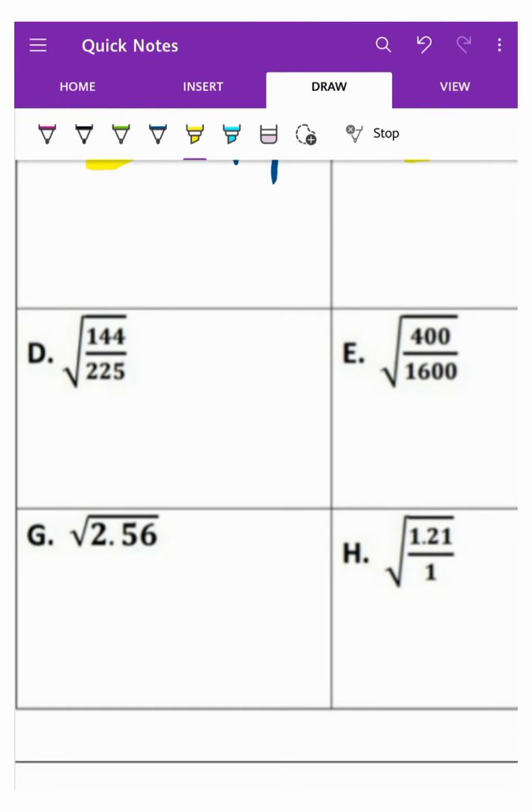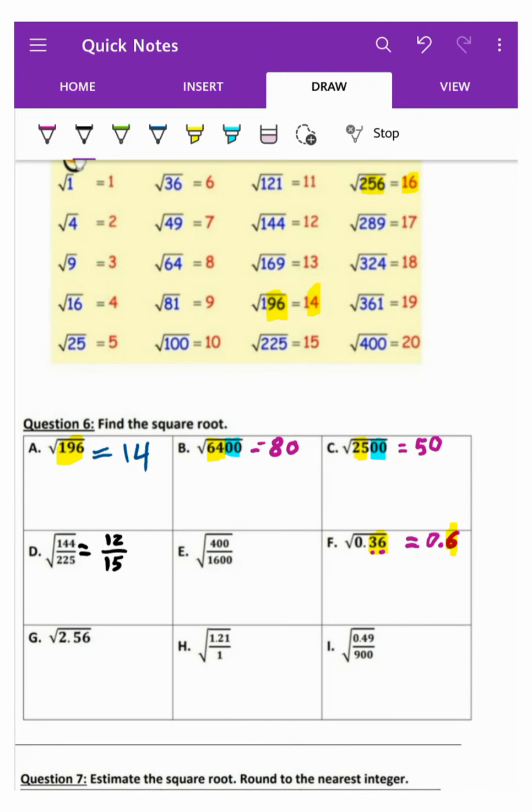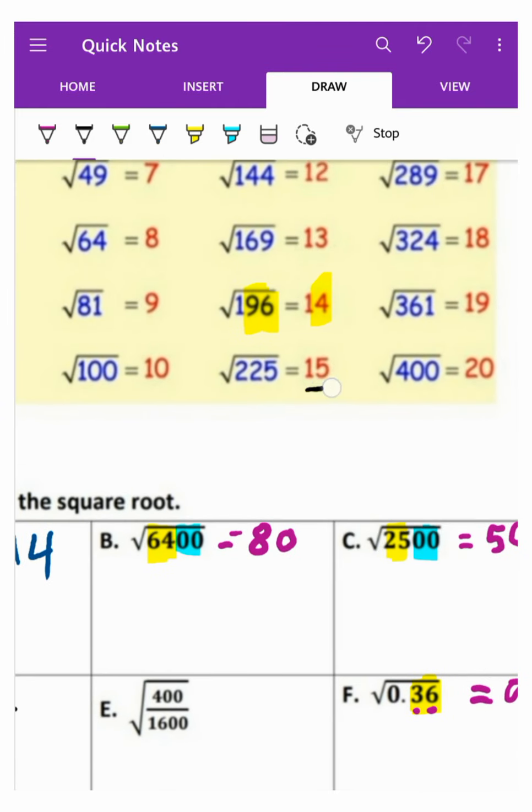Okay, D. Here we have a fraction. 144 comes from 12, and 225 comes from, I think, 15. If you're not sure of this, come back to the table here. 225 gives 15, and 144 gives 12.